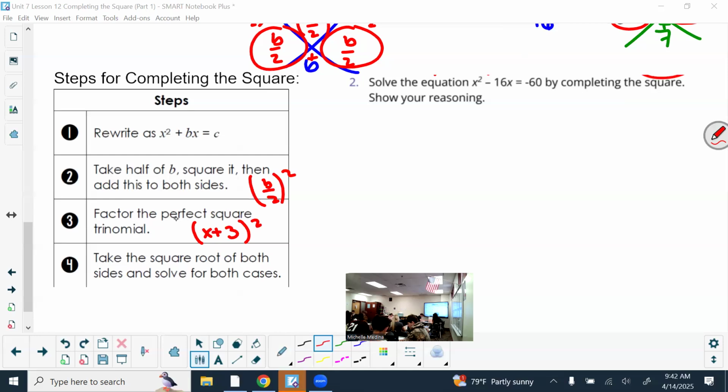Once you factor the perfect square trinomial, you write it in the condensed form, because we saw that that was easier to solve on Friday. All you have to do is square root both sides and solve for both of your solutions, because there's usually 2. So this is really straightforward, tells you exactly what you need to do. You just need to know how to execute it.